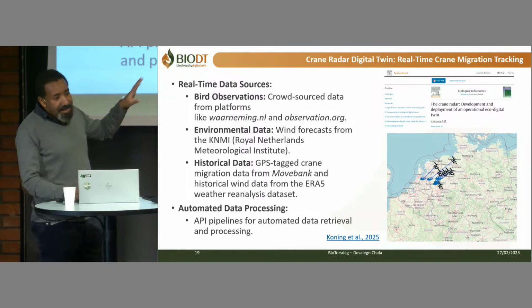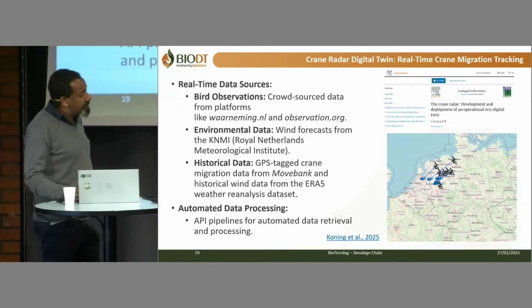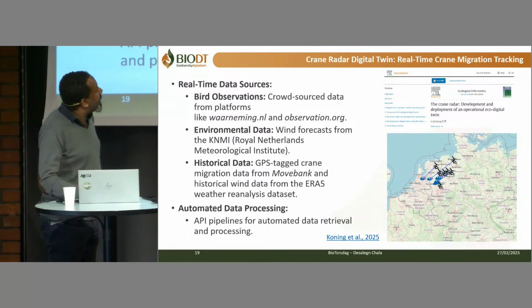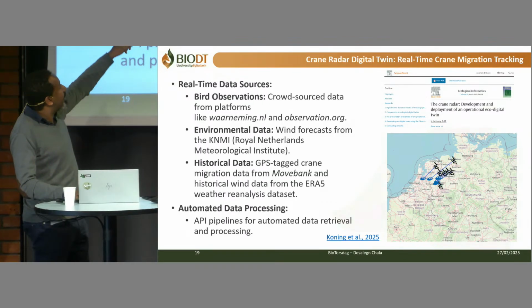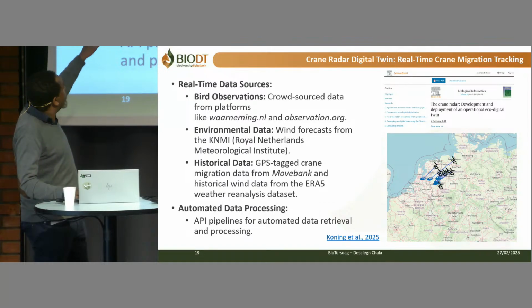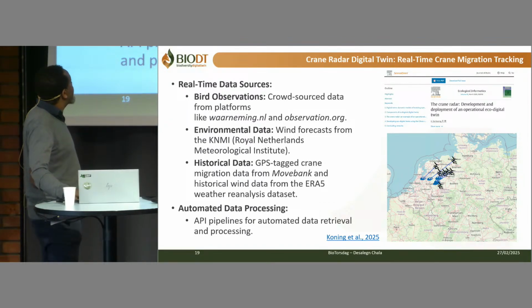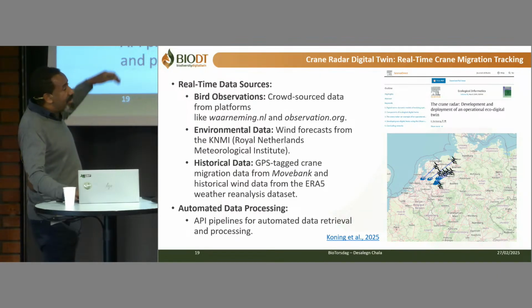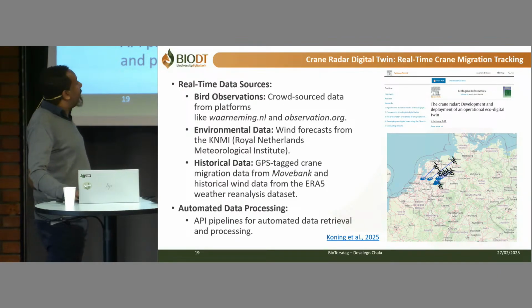Another example which I can take is a paper which was recently published in Ecological Informatics, which is about crane migration. Here they are using bird observation data from crowd-sourced platforms. They also use environmental data, and historical data from GPS-tagged crane migration in historical databases.